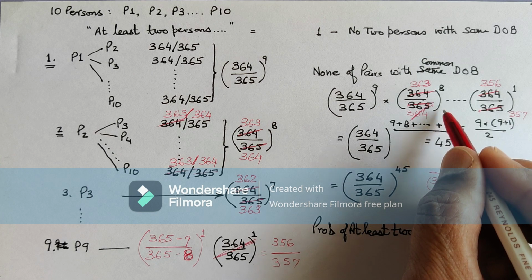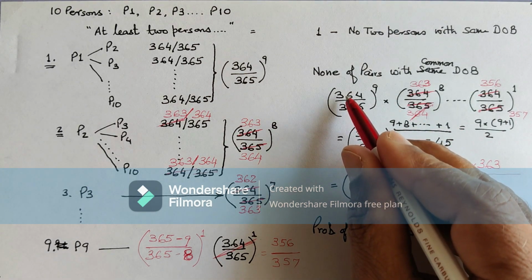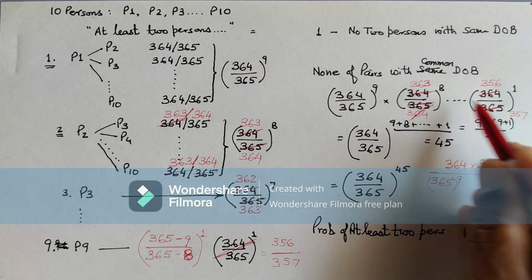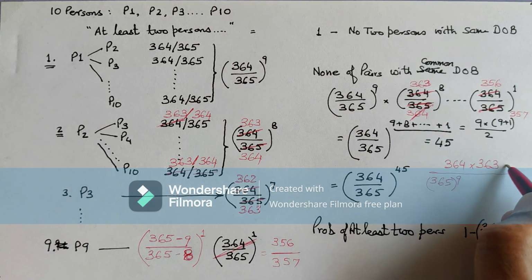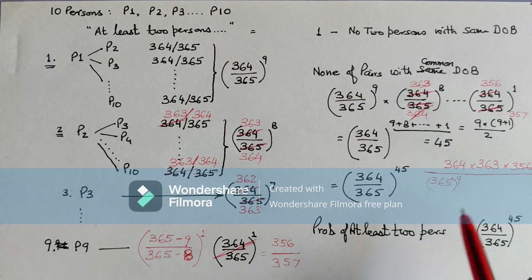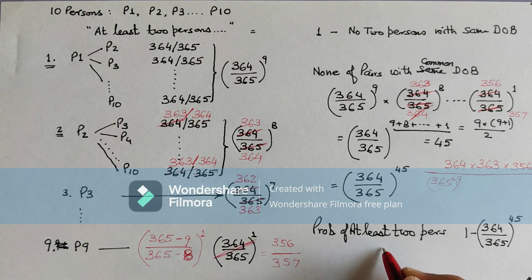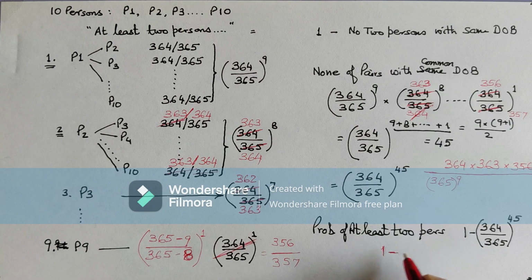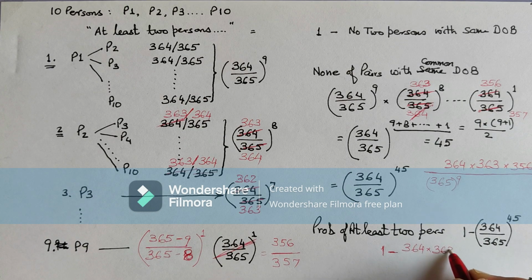The denominators of each of these terms will cancel out with the previous term, and the last term, this 357, will cancel out with the previous term, and I will have 356, and the denominator becomes 365 to the power 9. So the probability works out to 1 minus 364 into 363 into, up till you get 356, divided by 365 to the power 9.